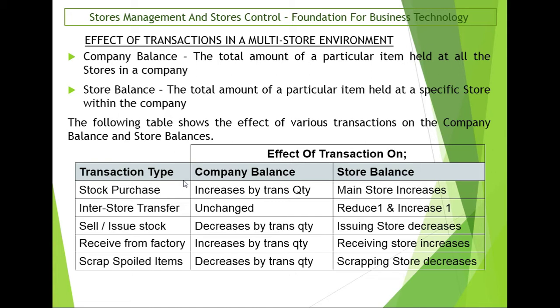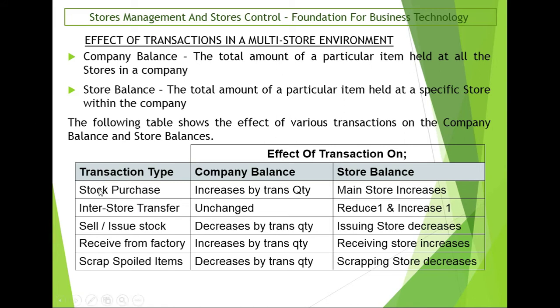So you have to look at the balance of that item at that specific store, then it gives you the store balance. So this table here shows us the effect of various transactions on the company balance and on the store balance.